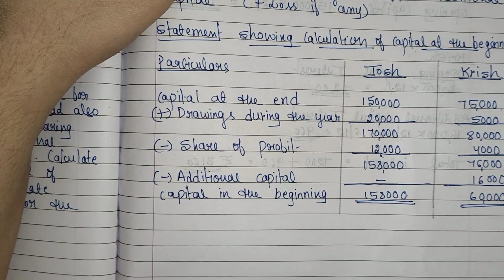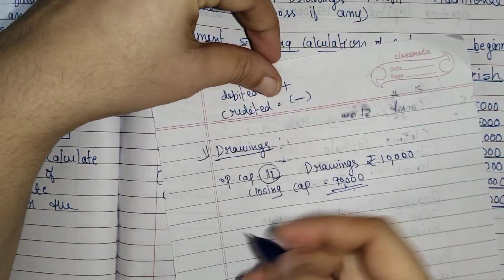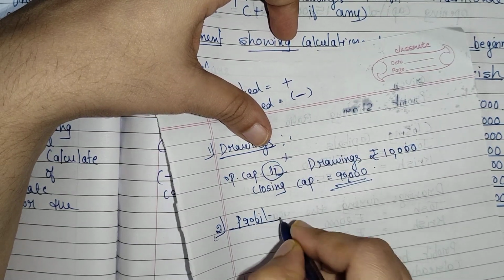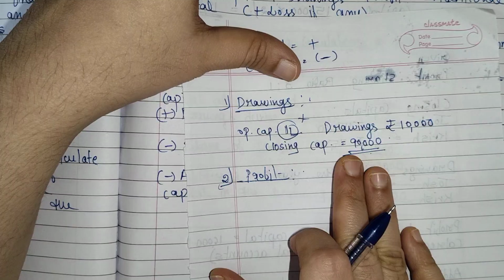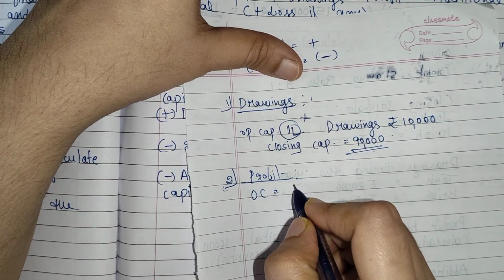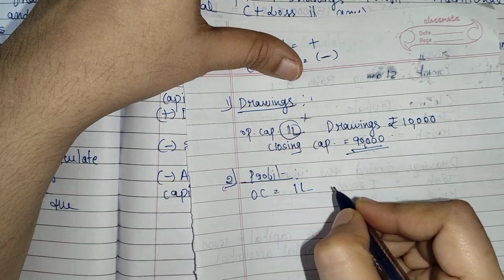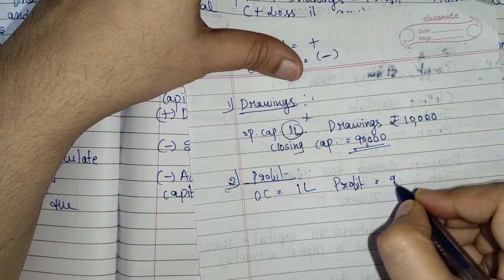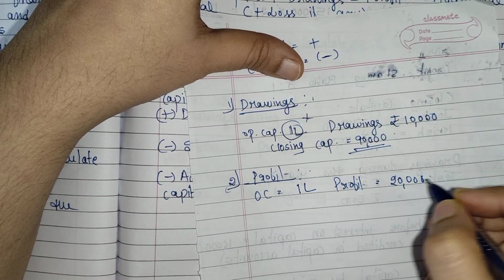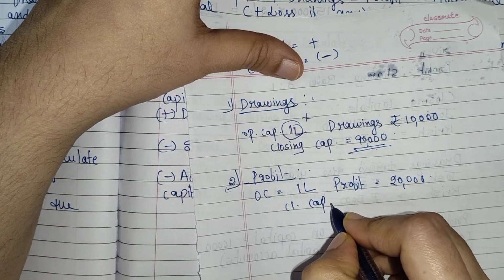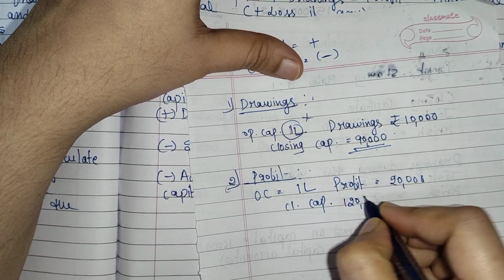And again I will explain this profit through one example. Same as drawing, profit increases the capital balance. Right? For example, opening capital 1 lakh and profit 20,000 and closing capital 1,20,000.